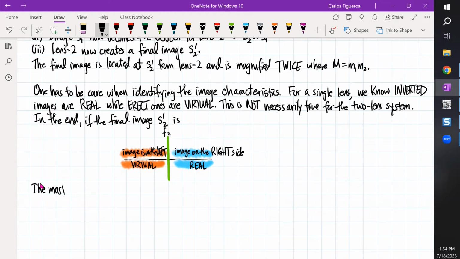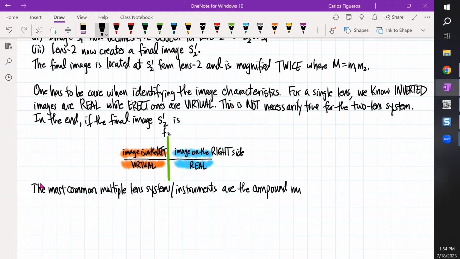The most common multiple lens systems or instruments are the compound microscope and the refractor telescope.